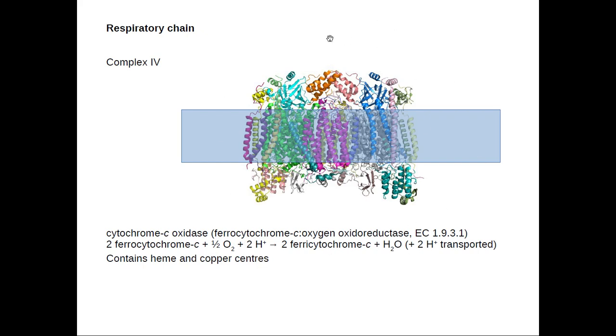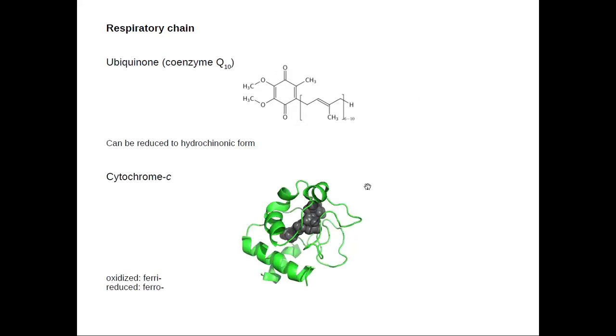It's a quite big multi-chain protein, and it's probably one of the most important proteins, because without this it's not possible to breathe. There are also many other proteins which are key for breathing, but this is maybe the most important one.